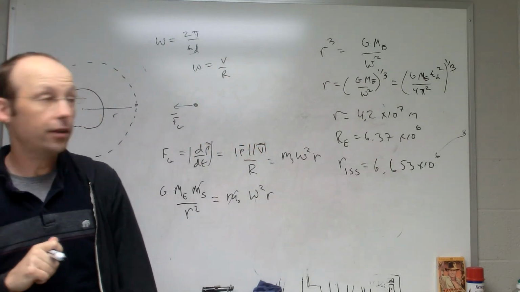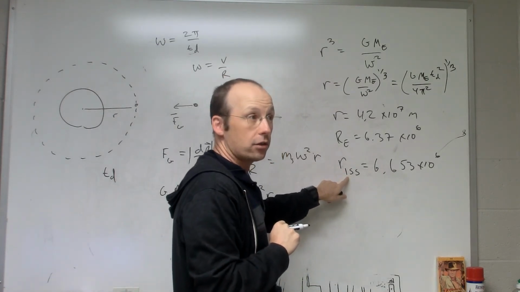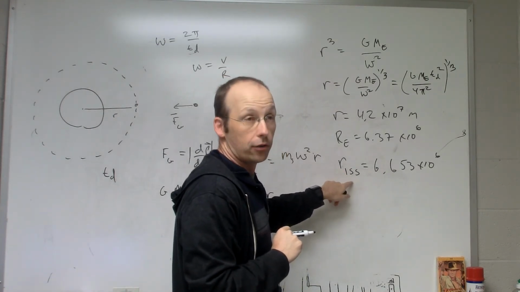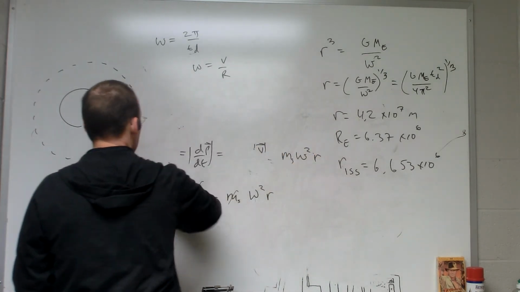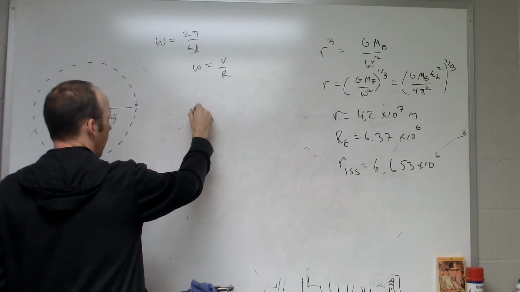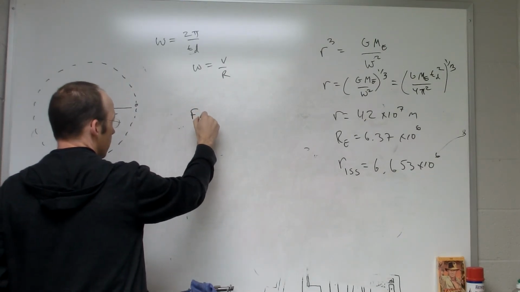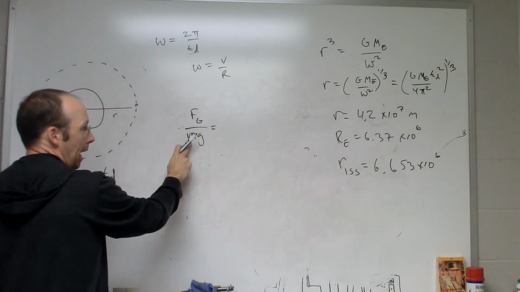Now, the second thing I said was, what's the fraction of gravitational force at this height compared to mg? Okay, the gravitational field. So let's just do this calculation. Let's do Fg over mg, and the masses cancel.